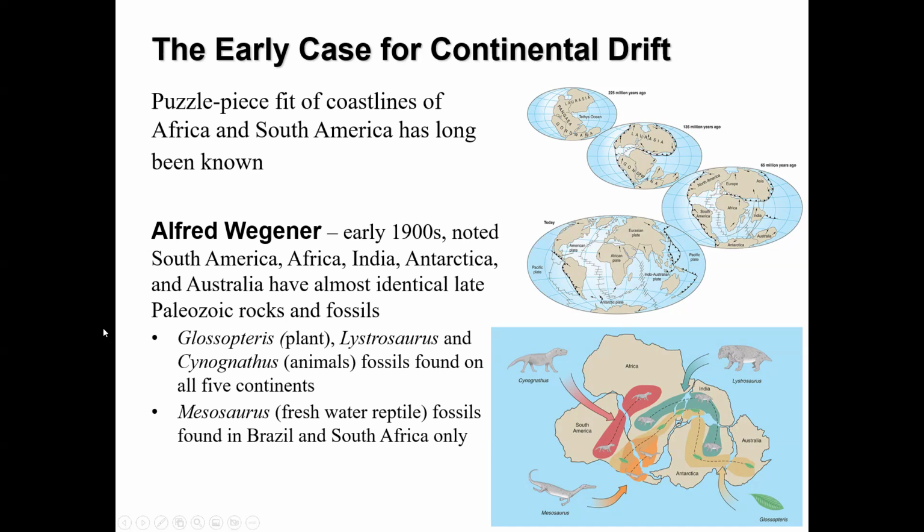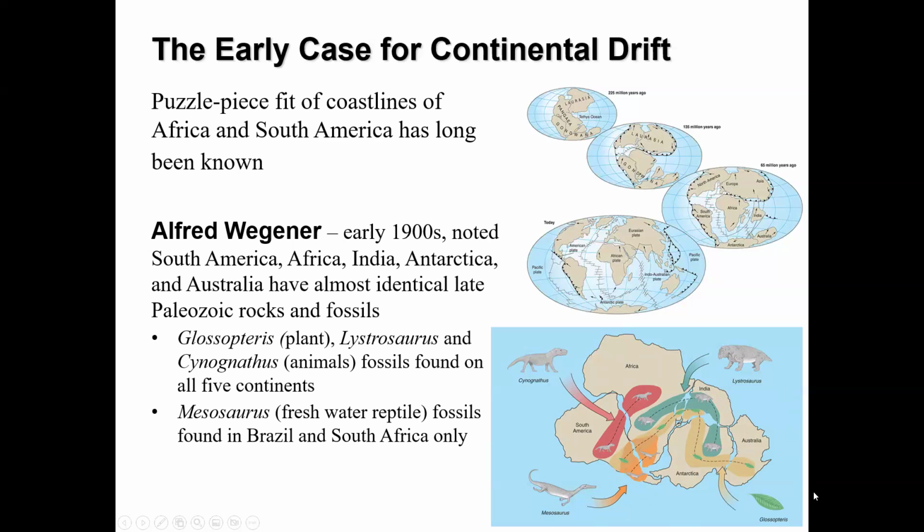So here we've got different types of fossils that he noticed. We've got Glossopteris, which is a plant, a tree fern. If we look at this fossil map over here, it shows what these different land masses would have looked like if they were together.